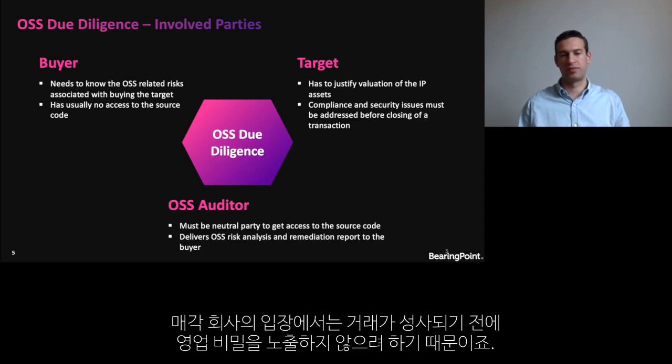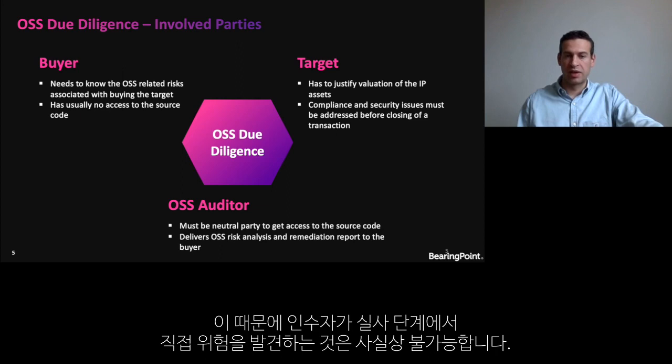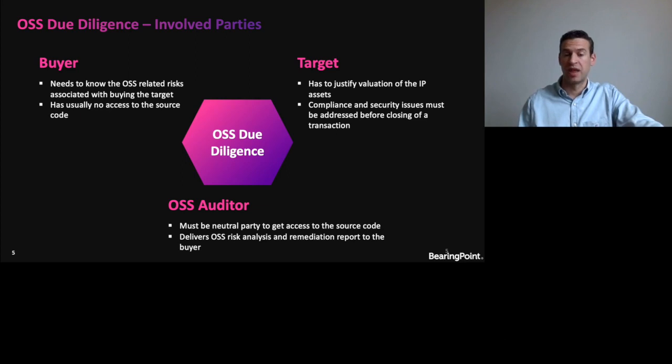Of course, it is in the nature of things that a seller in a transaction does not want to reveal all of its trade secrets before the deal is closed. It wouldn't make sense for the sell side, but therefore it is virtually impossible for the buyer to uncover the risks during the due diligence phase.